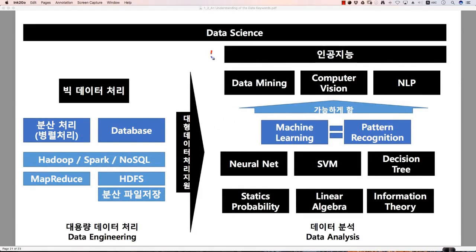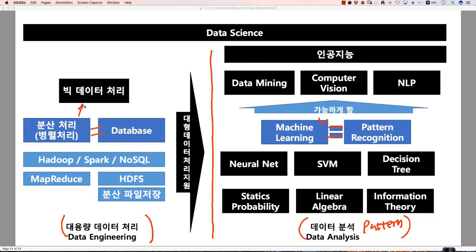Earlier, we divided it into two main categories. One is data engineering technology for processing large volumes of data. The other is data analytics technology for analyzing meaningful patterns in data. The main core there is actually machine learning, which in computer science was historically referred to as pattern recognition, and the two were used almost interchangeably. So machine learning, distributed processing, and databases are the core technologies.